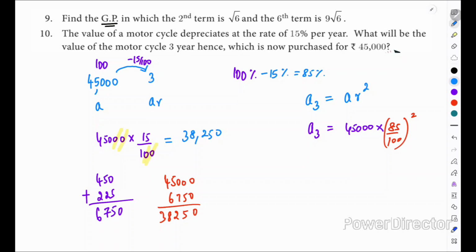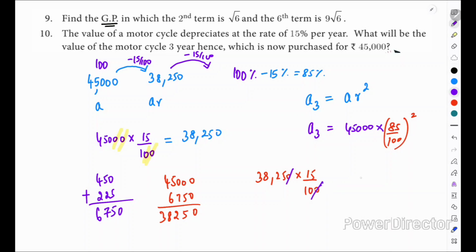I'll get AR here, 38,250. And for the next year, I have to reduce 15%. So again, I'll be repeating the same process: 38,250 into 15%. I'll be trying to calculate what that is. So 0 cancel.